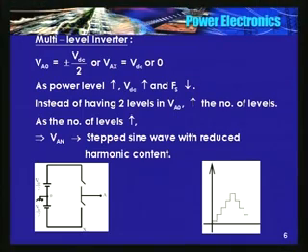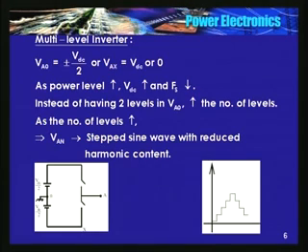Now there is another class of inverters, what is known as the multi-level inverter. What are these multi-level inverters? See, in the so-called half bridge inverter, potential of A with respect to O is plus or minus VDC by 2, or potential of A with respect to X is VDC.